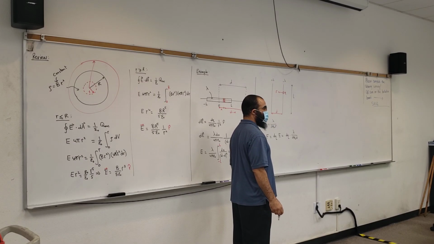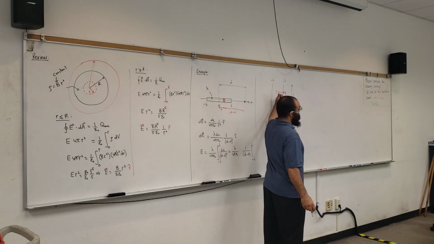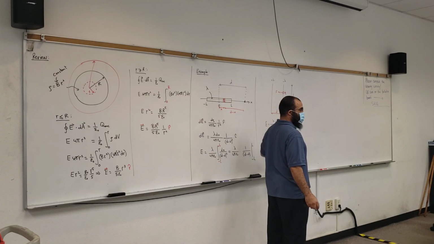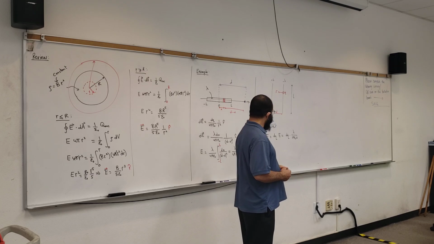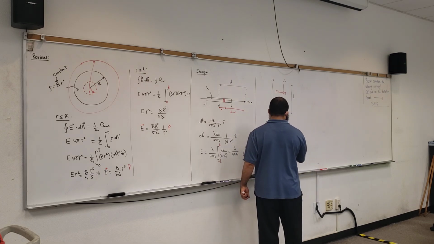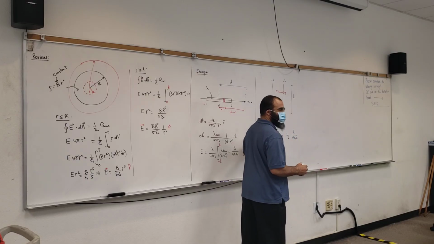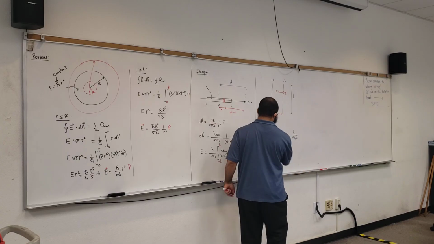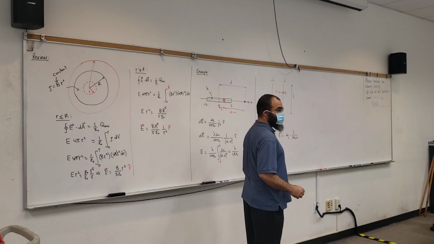Why is the force that way again? The positive will attract the negative. Yeah, it's an attractive force. So, sorry, I should not have called it F. I should have called it dF, because it's a small force. That's the force on just that little piece.